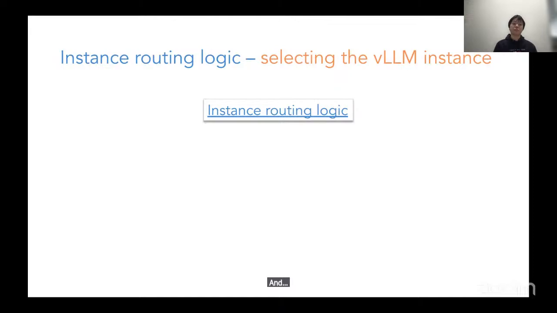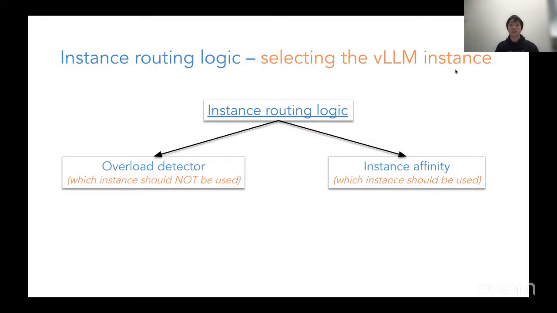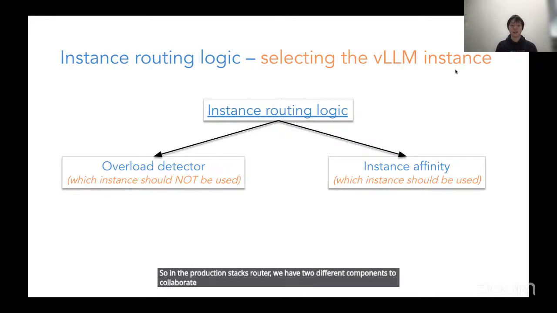Let me introduce more about the instance routing logic. Basically, we want to select the best vLLM instance to execute the request. In the production stack's router, we have two different components that work together to select the vLLM instance.